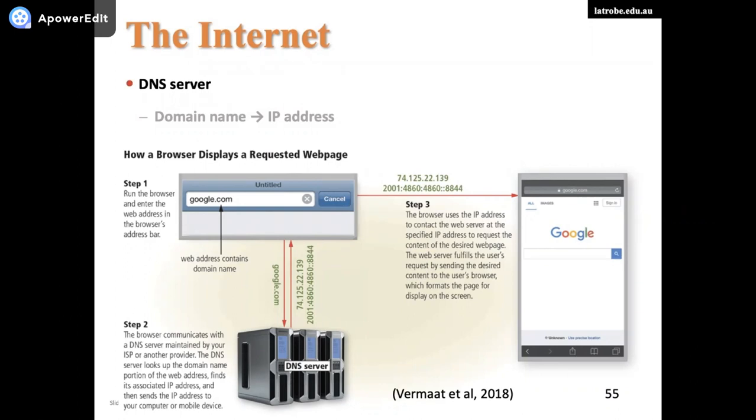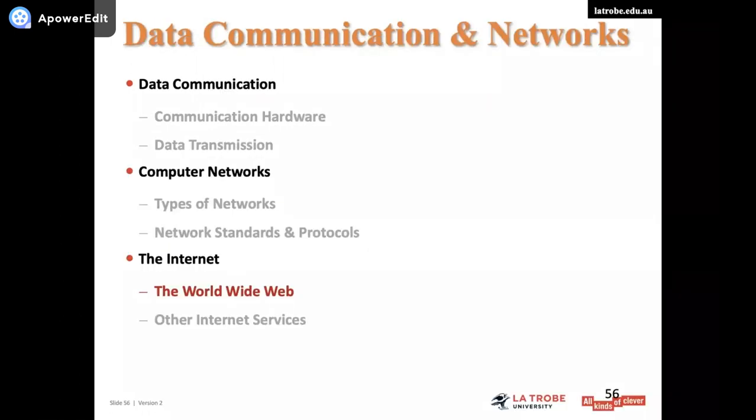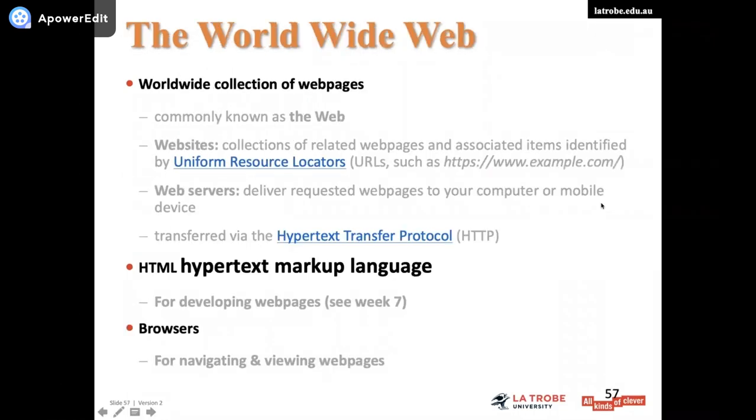When we use the internet, we cannot avoid these concepts, the World Wide Web. So what is the World Wide Web? It's short for www, commonly known as the web or web page. It is the collection of related web pages and associated items identified by uniform resource locators, short for URL.